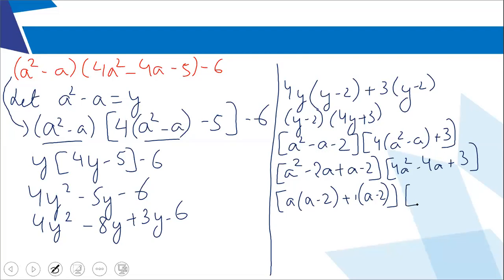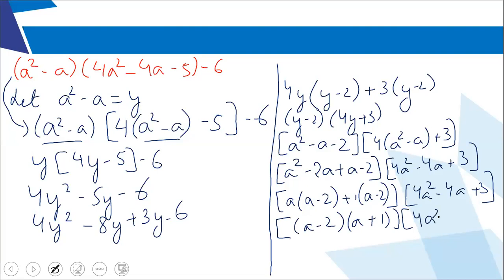Our answer is correct. Can we break this, children? No, ma'am. So that means we need to be careful. A minus 2, a plus 1 in the first bracket; in the second bracket, no breaking can happen.